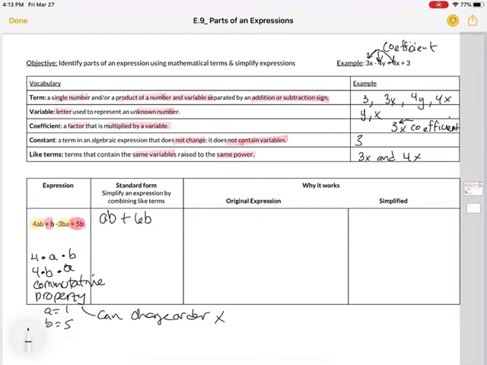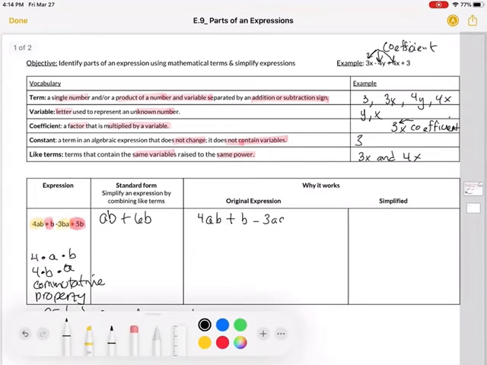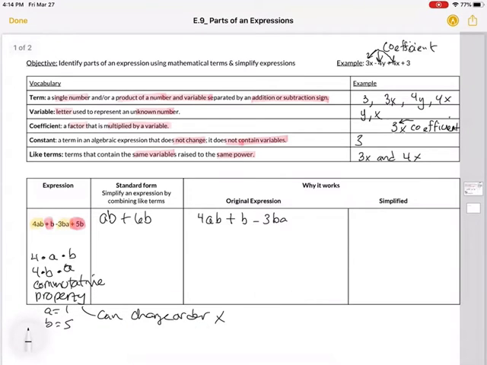Now, we call that the standard form of it. And what we're going to do is we're going to justify whether that worked or not, or why that works. So if I write down my original expression here, and remember, the variables stand for an unknown. And I'm just going to select what I want that unknown to be.